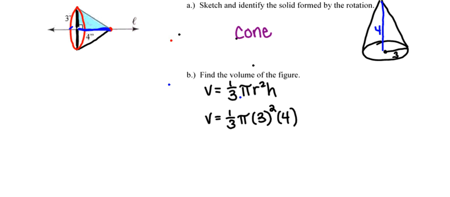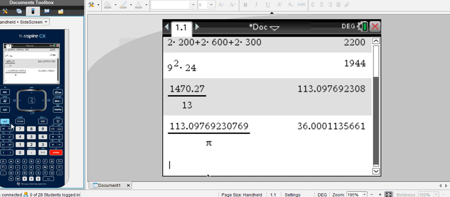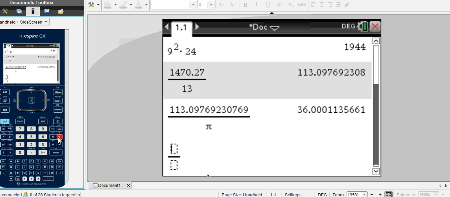And now in my calculator, I'm going to plug in all of the rational pieces from that expression. So I'm going to substitute in the 1/3, the 3 squared, times the 4. So let me grab my calculator. I want the fraction 1/3 times the 3 squared times the 4.